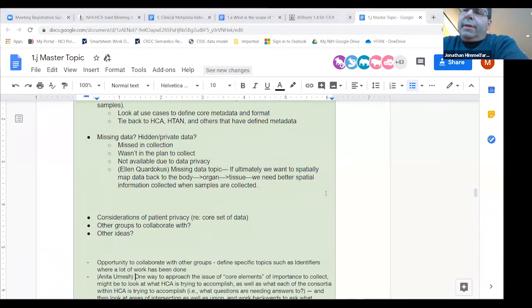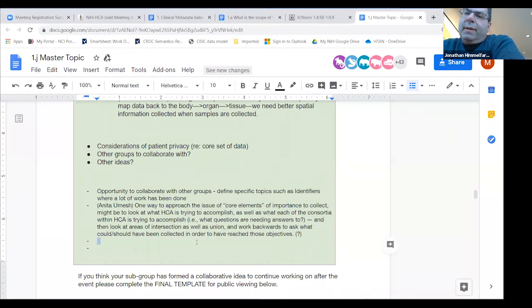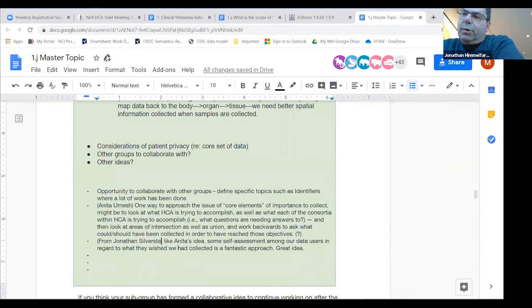So this is Jonathan Himmelfarb. One thing that I think is important to consider, hasn't really been talked about much, is context of use for individual studies. So yes, we want to collect data that reflects the diversity of different purposes to which data can be put and meta-analyzed by different consortia and different studies. But each study often has a specific goal and resources available.